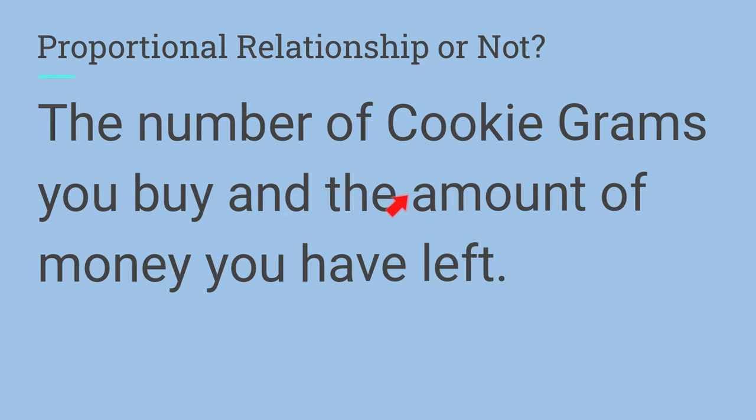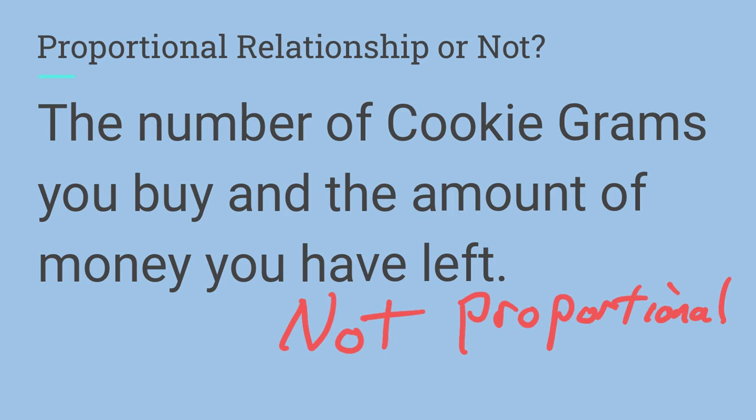I don't think this is going to pass our double test, but let's try. If I double the amount of cookie grams I buy, would that double what I have left? I don't think so, because eventually you're going to run out of money when you buy them. So on this one, I'm going to say no, it is not proportional.